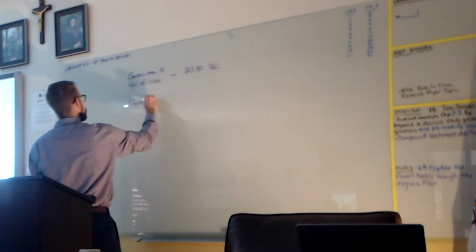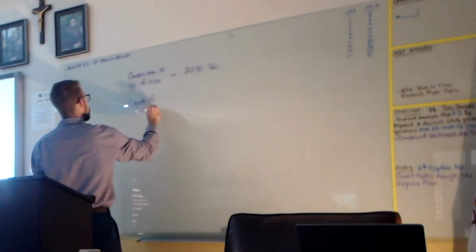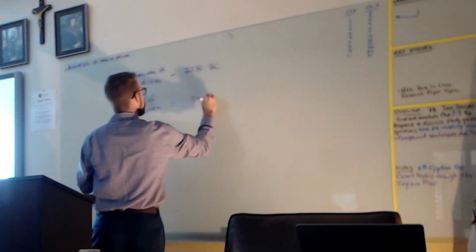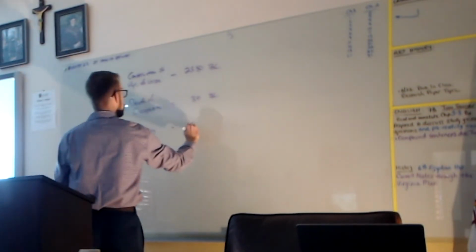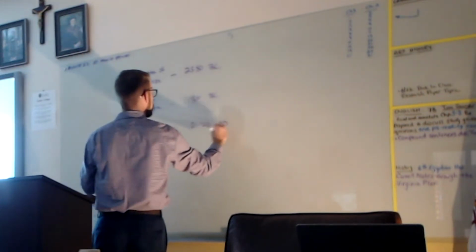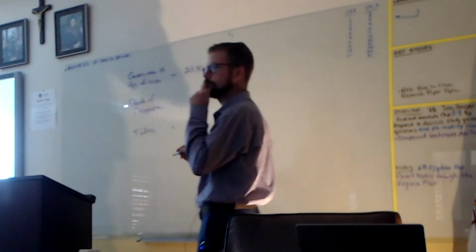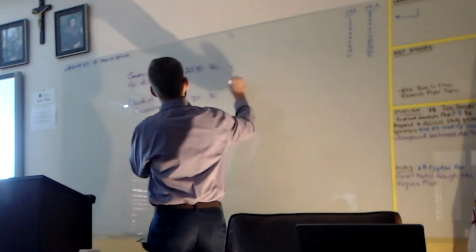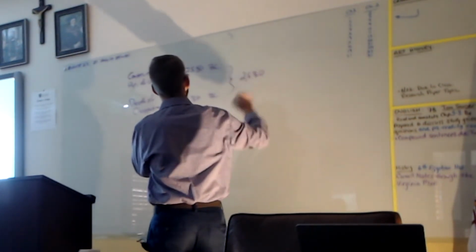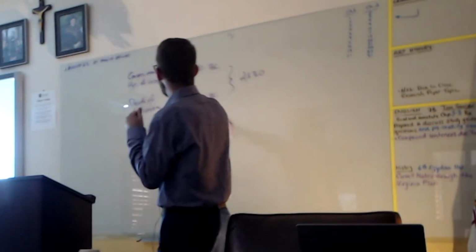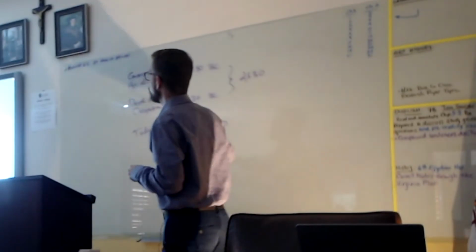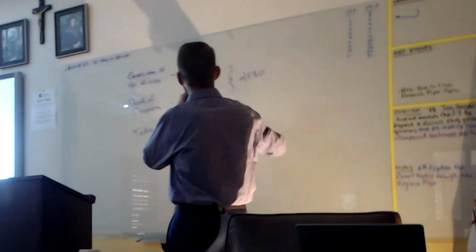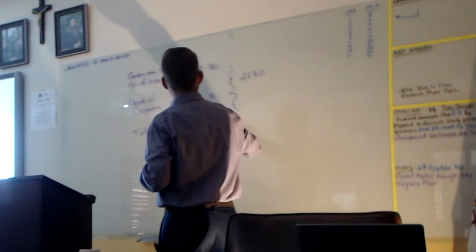The death of Cleopatra. 2,530 years. Between not even the foundation of Egypt in 3100 BC, but just between the construction of the pyramids of Giza in the Old Kingdom. 2,530 years. Between the death of Cleopatra and today.